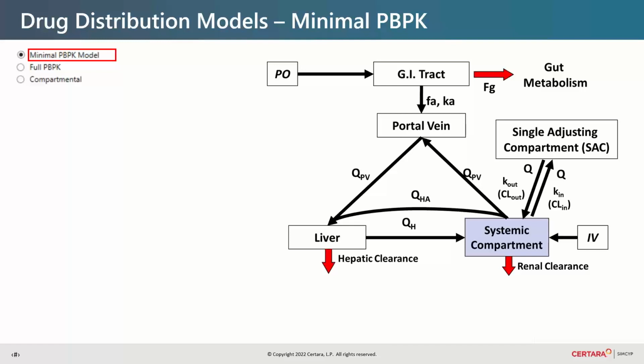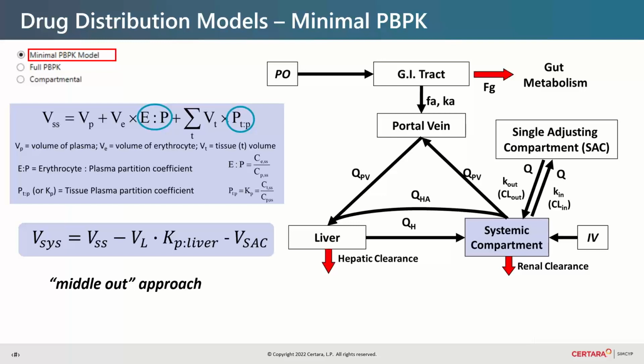To handle compounds where there's biphasic kinetics, you can also use a single adjusting compartment to account for biphasic disposition. This is a bit of a middle-out approach for the minimal PBPK.